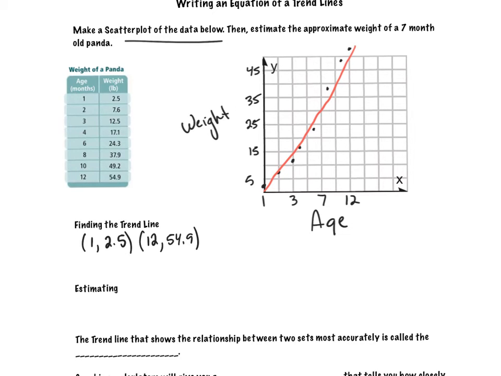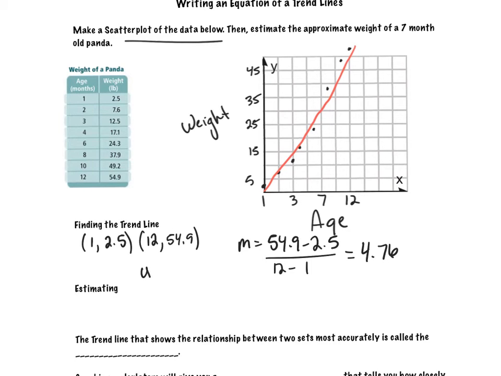All right, so my slope, remember, is going to be 54.9 minus 2.5 over 12 minus 1. So if I do that, 54.9 minus 2.5 divided by 11, I'm going to get 4.76. And because I'm not going to be graphing, I'm just going to leave that as a decimal.